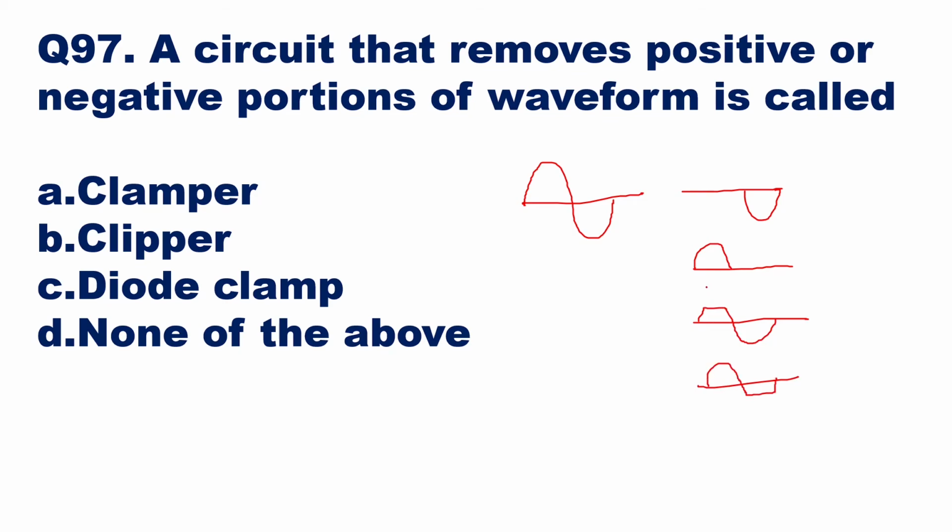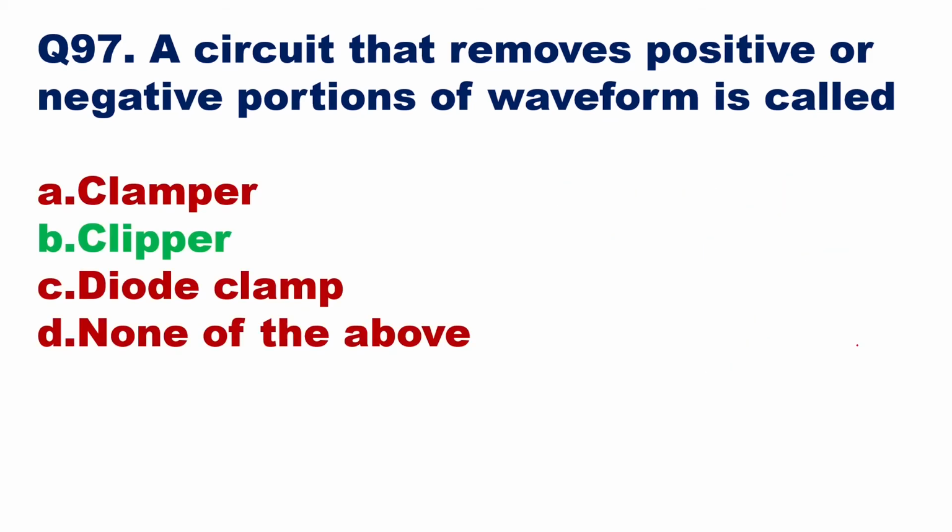All this is showing you that you're going to clip certain portions of the waveform at the output. From this input, you can get this output, or this output. So you're clipping, you're removing some portion. A circuit that removes positive or negative portions of waveform is called a clipper. So option B will be the right answer here, clipper.